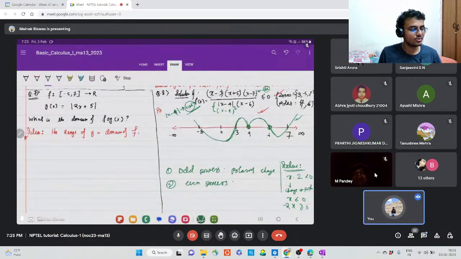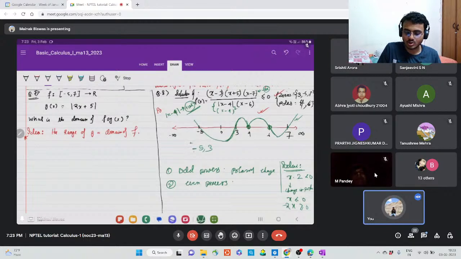What is the region in which this function is negative or positive? Let's see. Go ahead. It's between minus 5 to 3. Right?